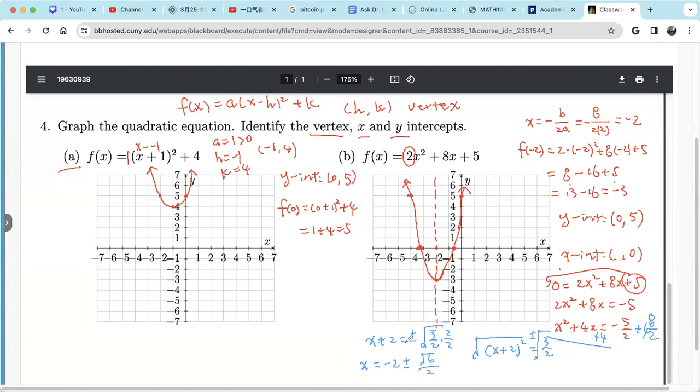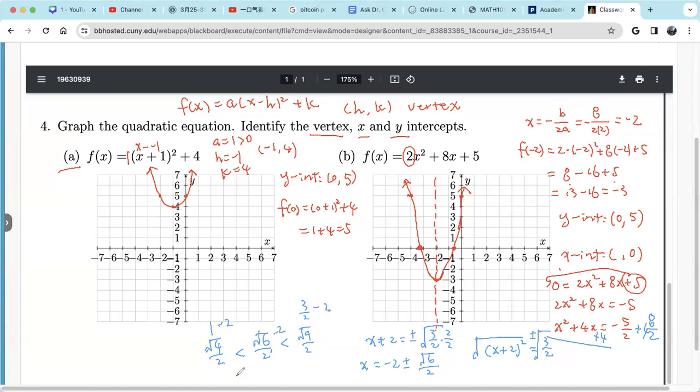So how do we graph those two? Basically, square root of 6 over 2 is in between square root of 9 over 2 and square root of 4 over 2, right? So this is 2 over 2, which is 1, and this is 3 over 2. Then minus 2, so minus 2, minus 2.